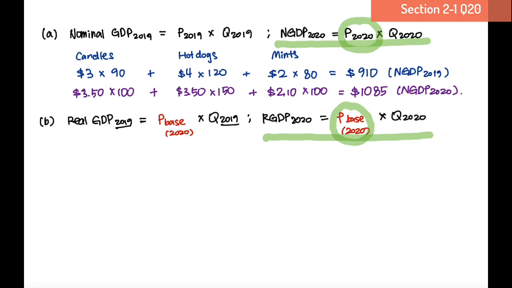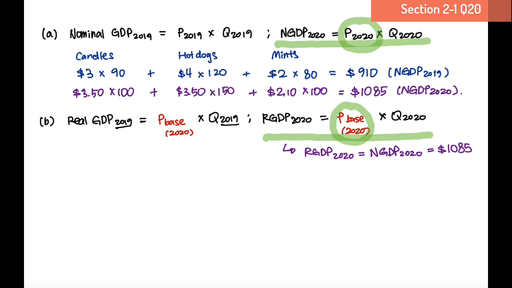So even without doing another round of calculation, we are able to see that real GDP for year 2020 is exactly same as your nominal GDP of 2020 at 1085. Again, that's because year 2020 is your base year.